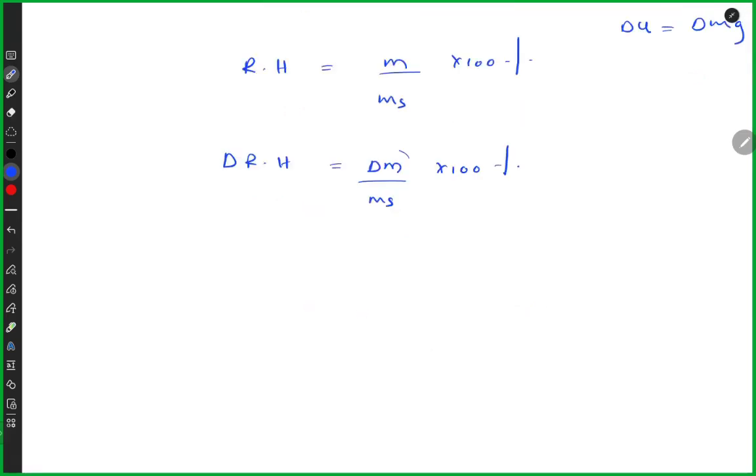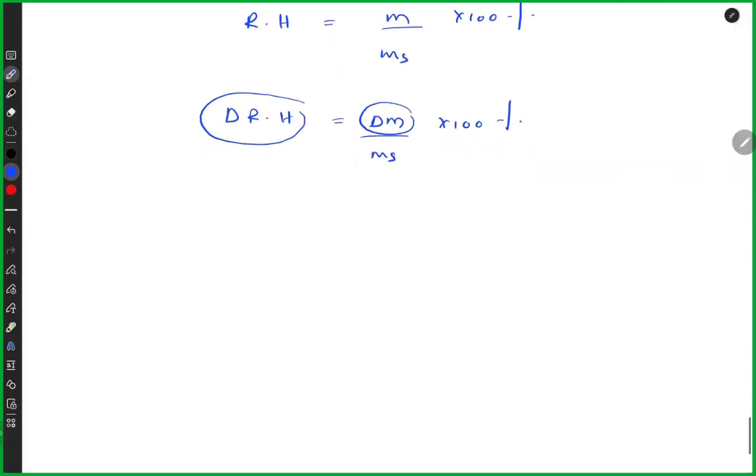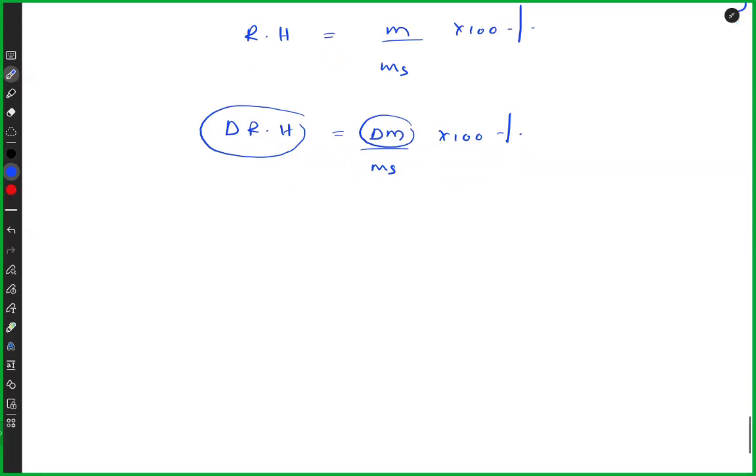The change in the mass can cause the change in the relative humidity. Is that okay with everybody? If I change the mass, I can change the relative humidity, because the mass to saturate does not change. The change in the mass is equal to the mass of water vapor absorbed by the biscuits, which is m. You divide this by ms, multiplied by 100%, and you get the change in relative humidity.